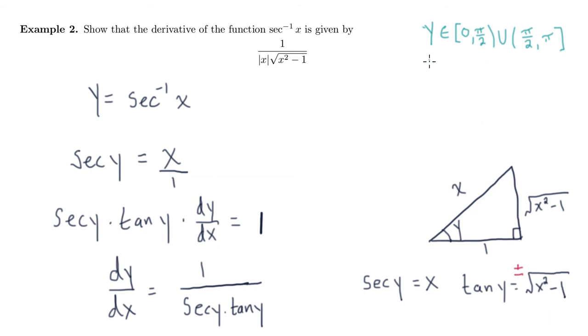So if y is between 0 and pi over 2, tangent y is positive.